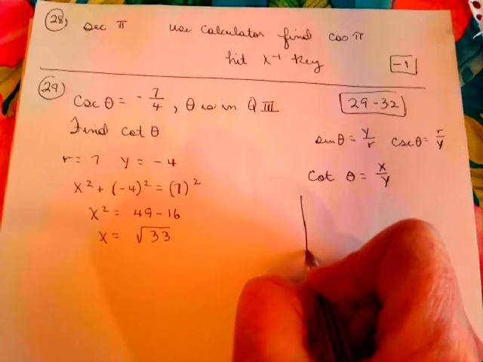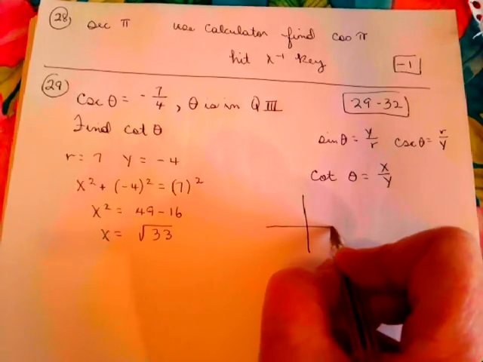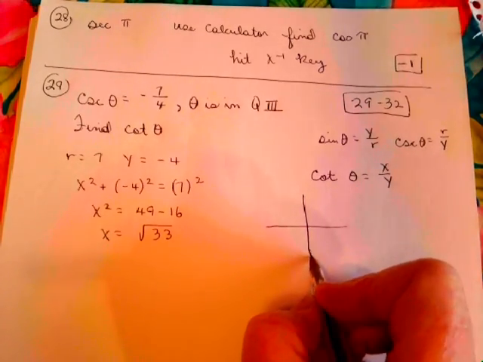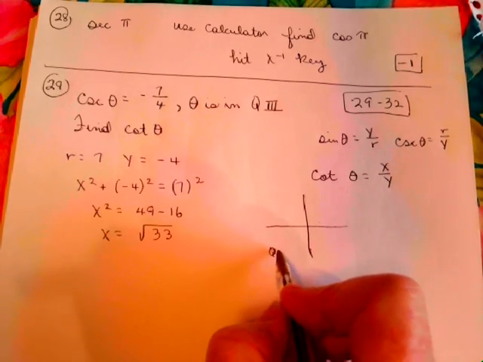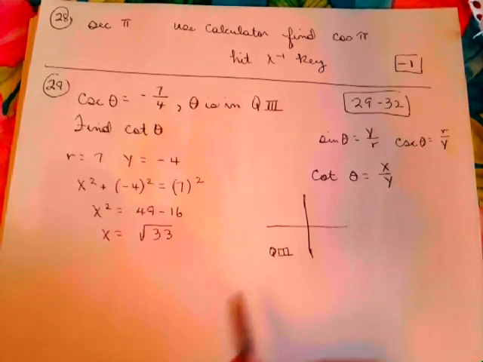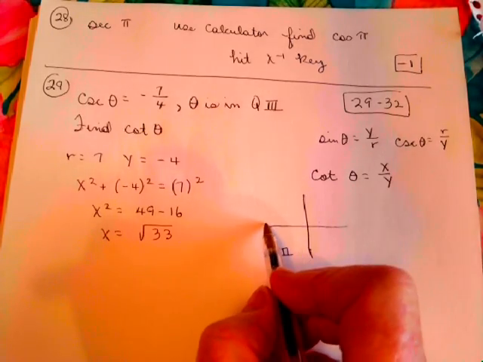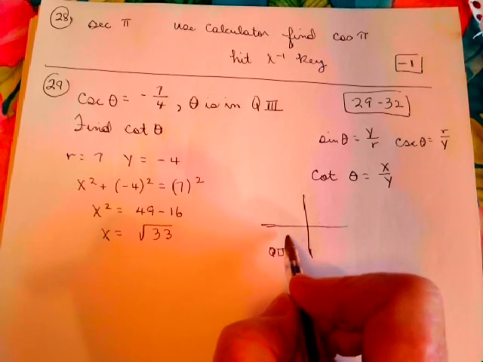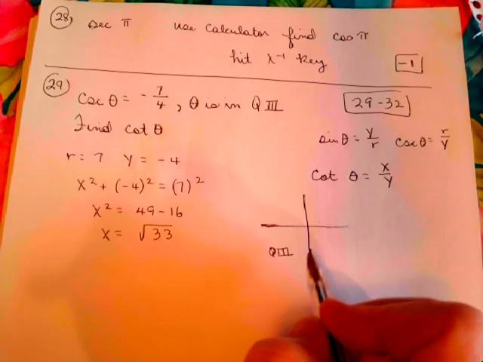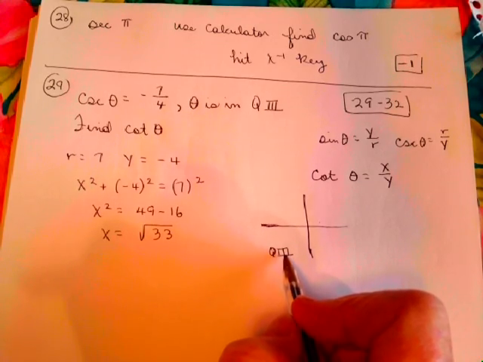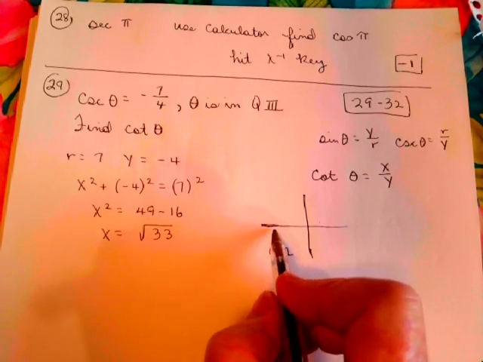Now you got to think of the sign. You're over here in quadrant 3. In quadrant 3, is x positive or negative? In quadrant 3, x is negative.